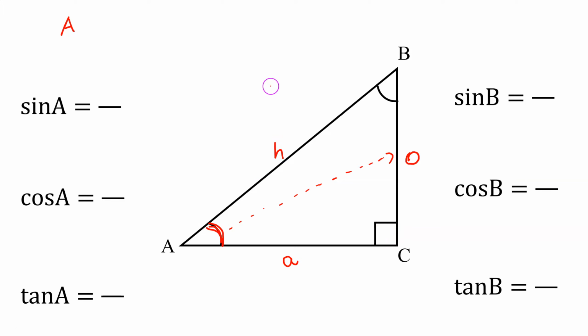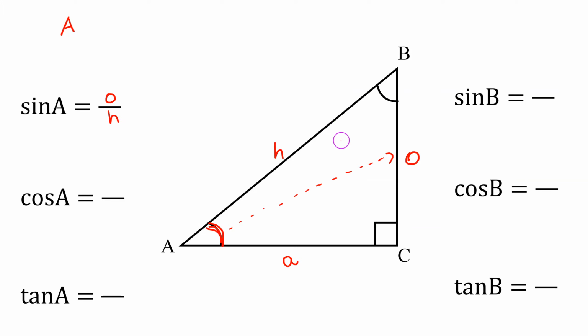So rather than using A's, B's, and C's, because those letters could change depending on how your angles are marked, let's think about the opposite side of the angle, the side right next to the angle, and then the hypotenuse. Now I know the hypotenuse is right next to the angle as well, but we don't call it adjacent because it itself is special in the fact that it's the hypotenuse. So the sine of the angle, you might remember from the previous slide, was B over C, but another way to think of it is opposite over hypotenuse.